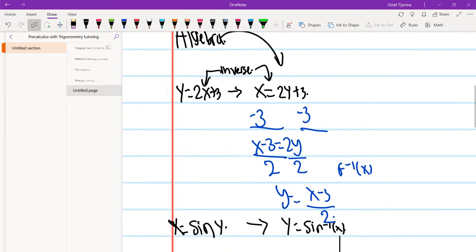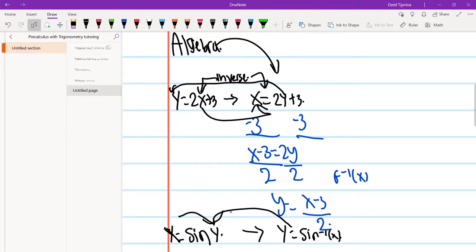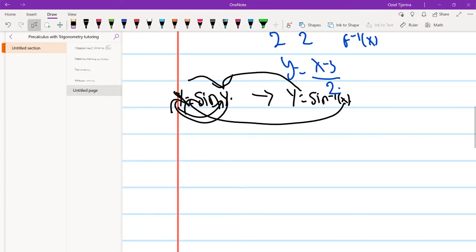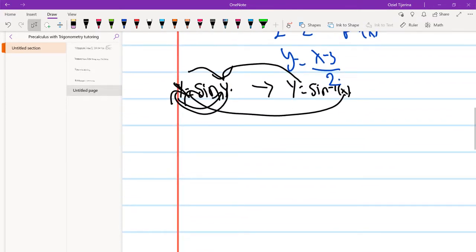It's kind of the same thing you did before, where you switch up the y and the x. You switch it up over here, and then you switch it up over here. So you kind of get one and the other out. And that's basically how it works.